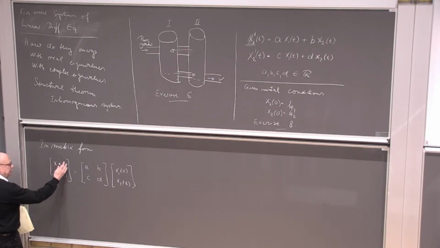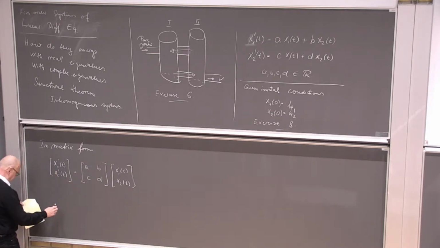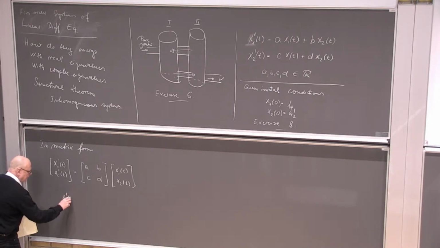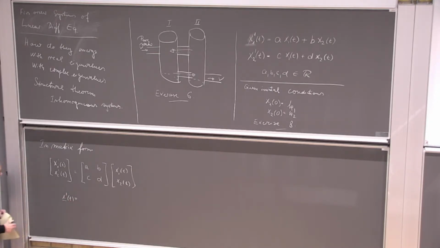And now you can introduce x1, x2 as a vector. So this means a vector where the first coordinate is x1 prime, or the derivative of x1, and the second is x2 prime, or the derivative of x2.